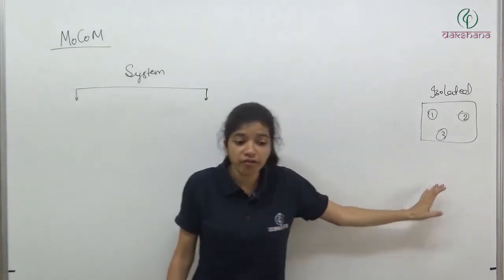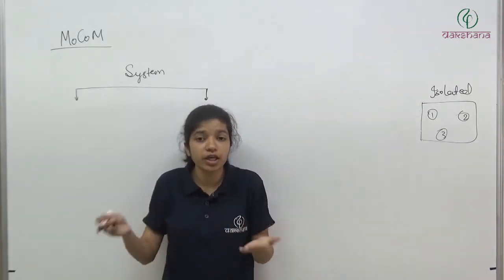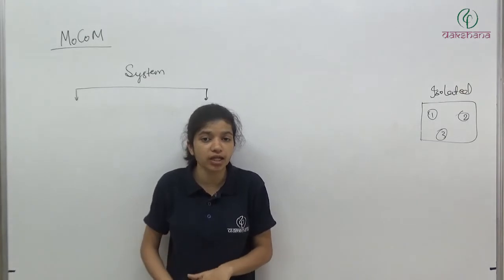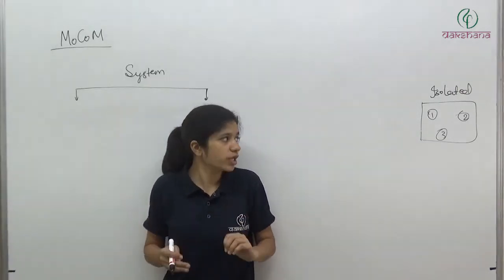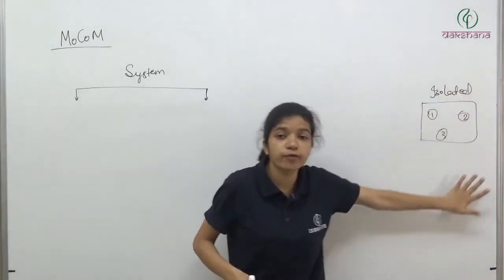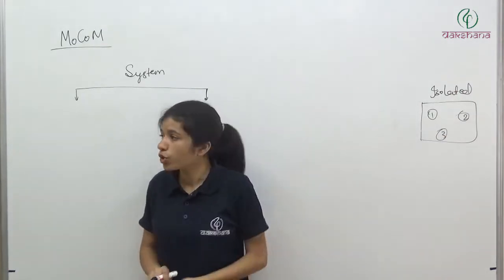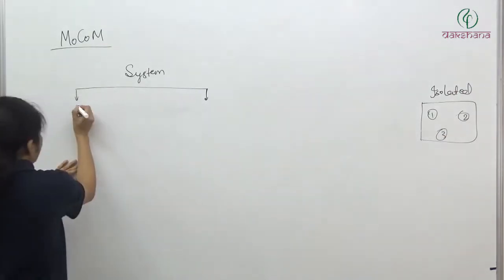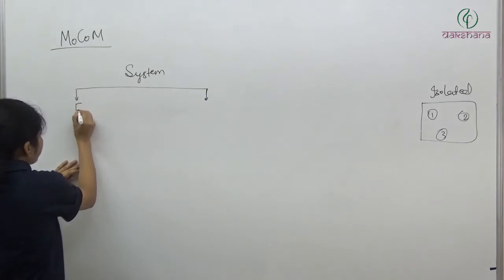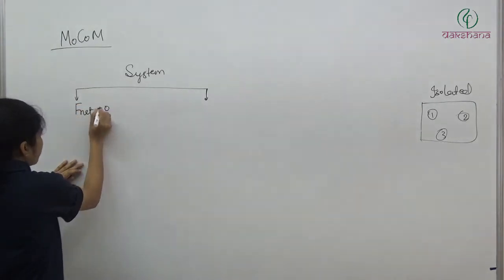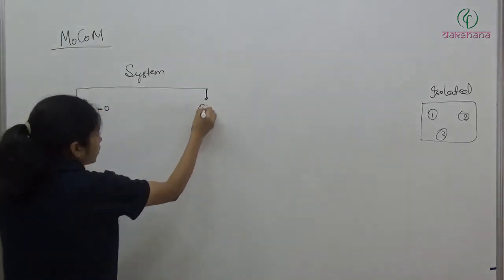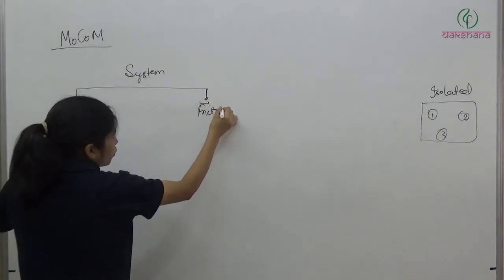So possibly there are so many forces acting on the particles, but there is a possibility that on the complete system net force is 0. Clear? So here we are talking about that only. So for a system, we can have F net equals to 0 and F net not equal to 0.